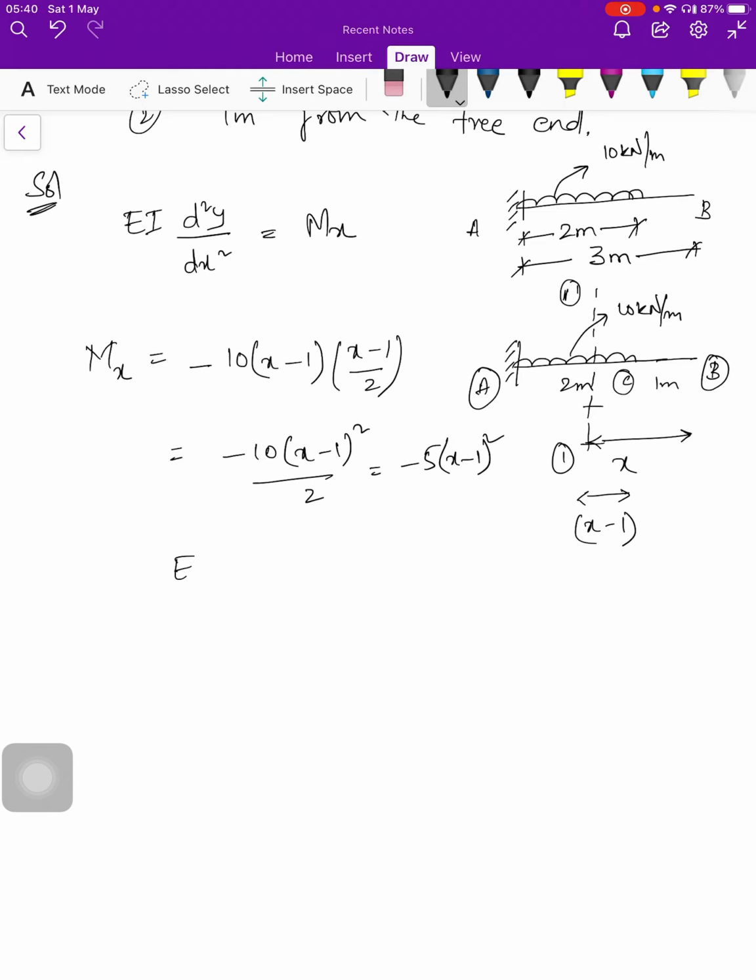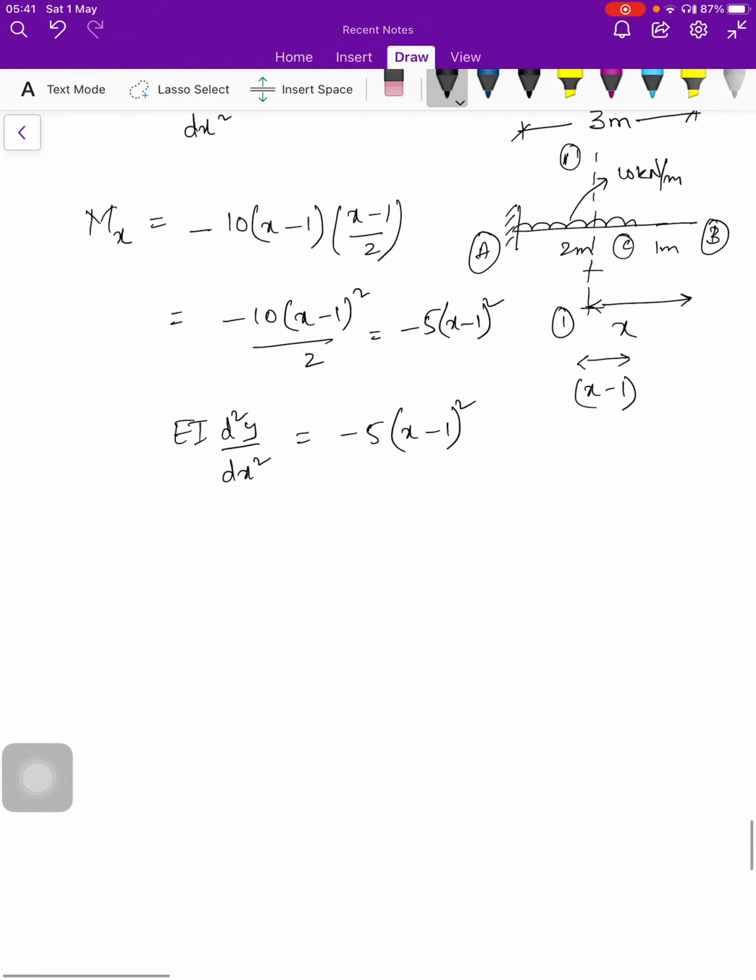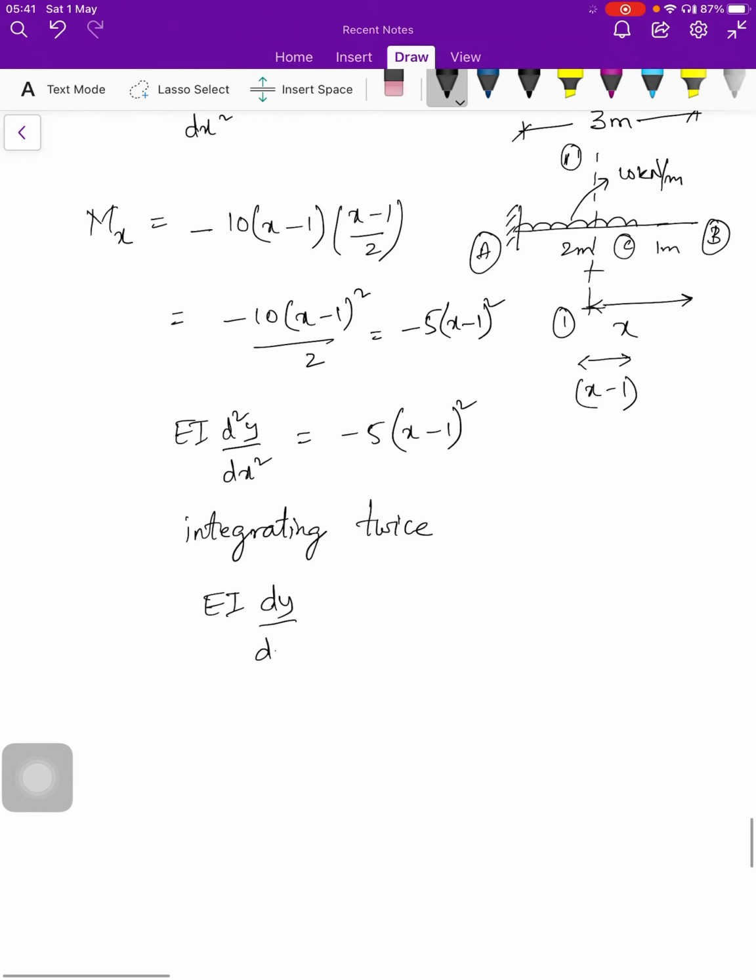Now substituting in the governing equation, it will become EI d square y by dx square is equal to minus 5 into (x minus 1) whole square. The next step is integrating twice. This will become EI dy by dx is equal to minus 5 into (x minus 1) whole cube by 3 plus C1.